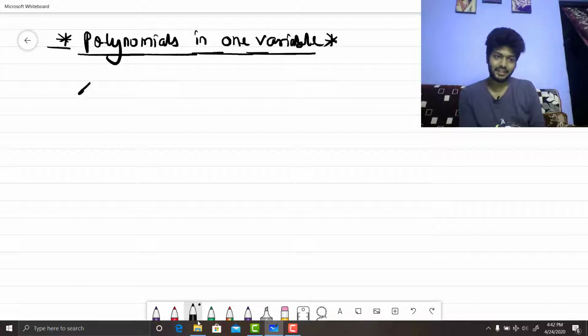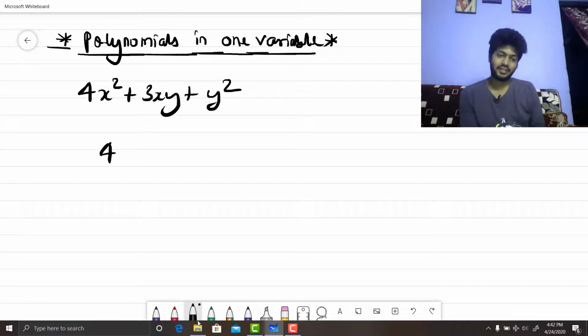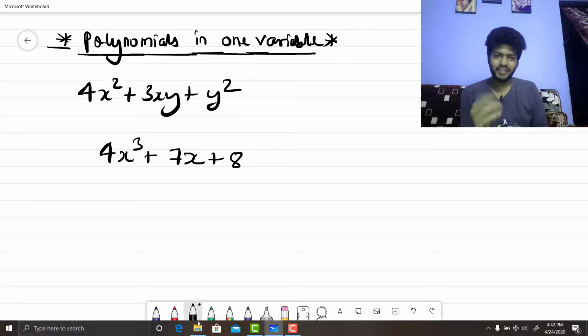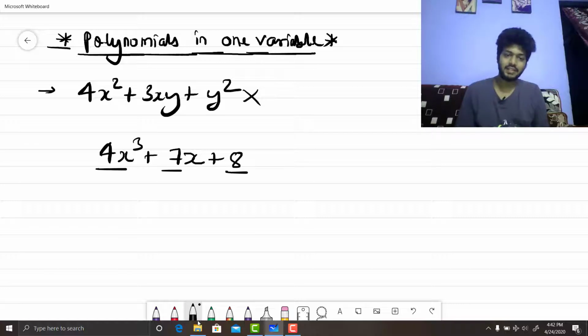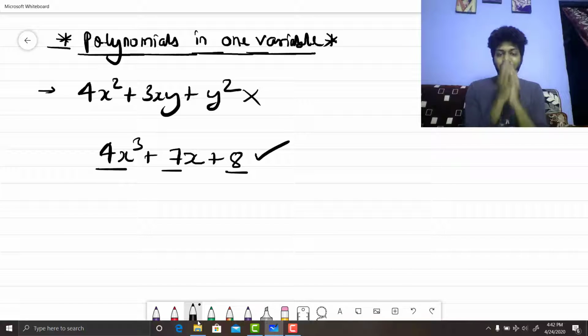If I write 4x square plus 3xy plus y square, and 4x cube plus 7x plus 8, which of these two expressions is a polynomial in one variable? Just start analyzing each term. Here we have one variable x, here we have another variable y. So this is not one variable. Here we get only a single variable in all the terms, so this is a polynomial in one variable.